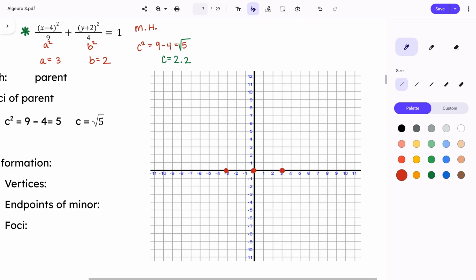So those are your vertices. The 2.2 is going to go along that same axis, because those are the foci. So that's going to be 2.2 on either side. And then the b is going to tell you your co-vertices. You're going to go up and down from the origin 2.